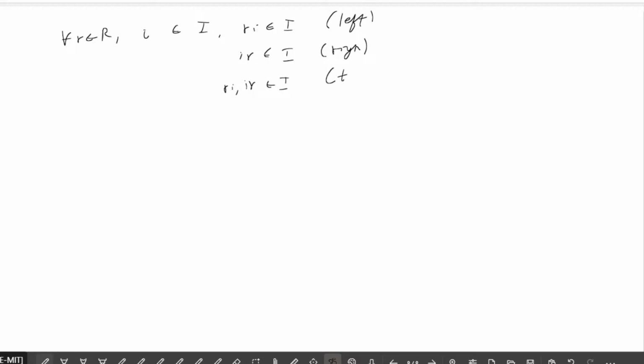Instead of just Ri is contained in I, for all r in R and i in I, r times i belongs to I. Similarly, i times r belongs to I. So Ri and iR are both two-sided ideals.